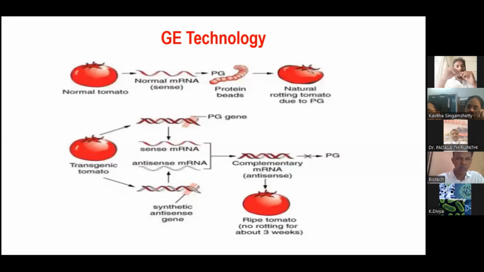Even BT brinjal was developed by Anand Kumar, as I've told you, from IARI, the Indian Agricultural Research Institute, Delhi. They have developed that crop. It is ready to be released, but it will not be released. But they released it to a seed company, which started selling it in Bangladesh.